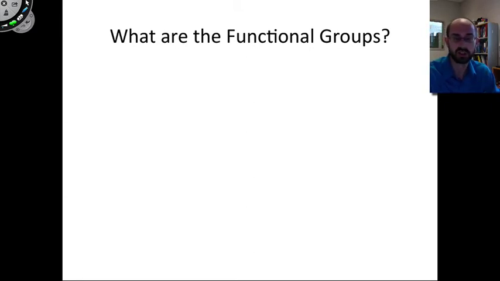So the next question to ask is, okay, what functional groups are present in the molecule? We've talked about functional groups in the context of resonance. Now we're going to talk about them in the context of molecular structure and how that causes the molecule to interact with light.